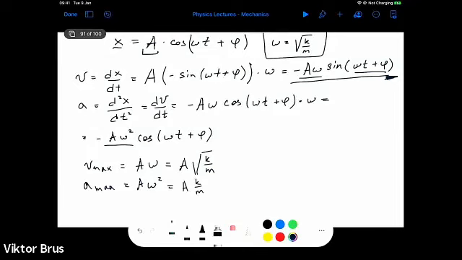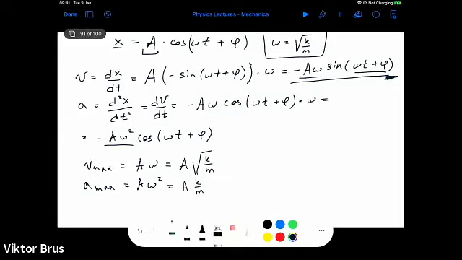So you see, based on the properties of the system, in particular the spring constant of the spring, the mass of the block, and the maximum displacement, we can already define the maximum values which the block will reach in this simple harmonic motion based on given conditions.